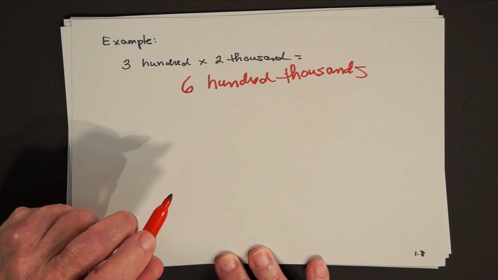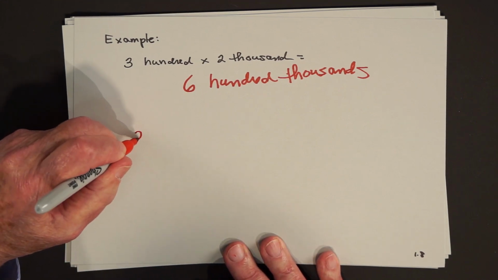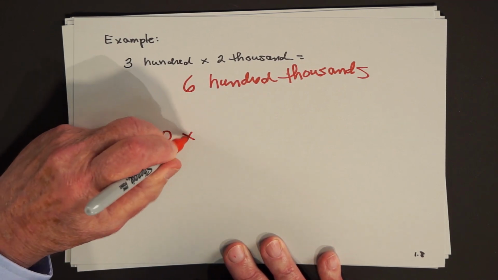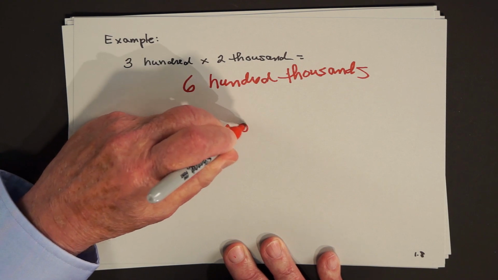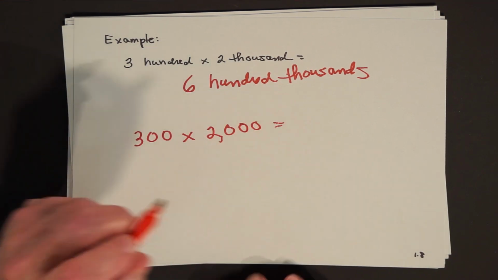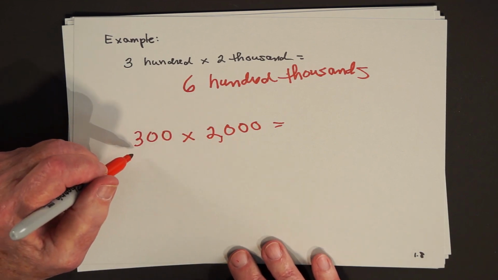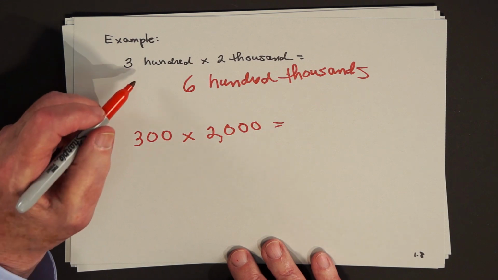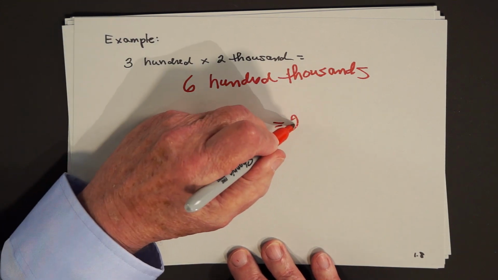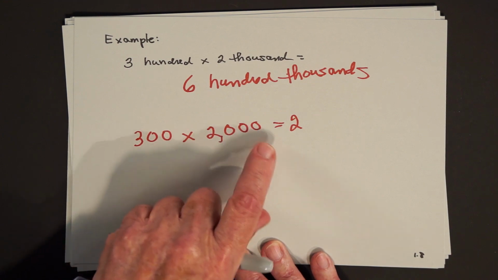Okay? Now, look what happens when we write this in place value. 300 looks like this, and 2,000 looks like this. And what was the mechanical way that we learned to multiply here? Ignore the zeros, multiply as if the zeros weren't there. Well, there's your 3 times 2. Then count the number of zeros, 1, 2, 3, 4, 5.